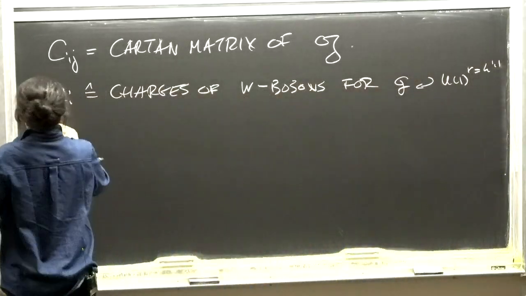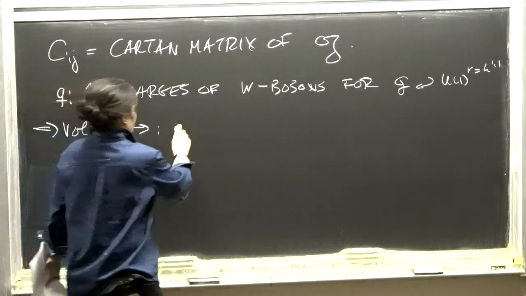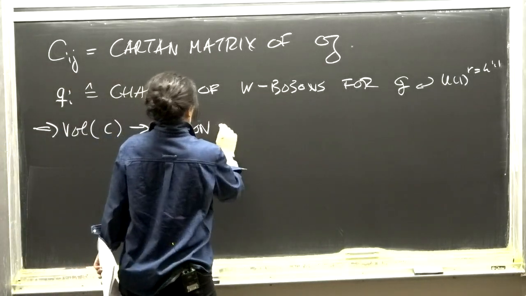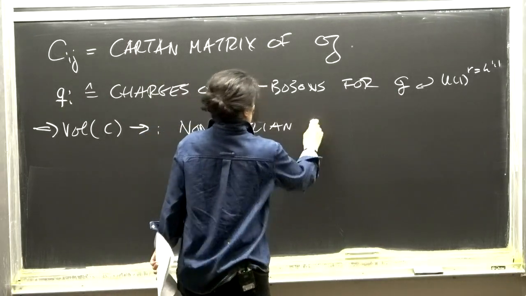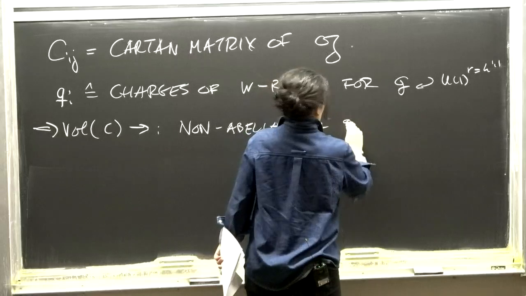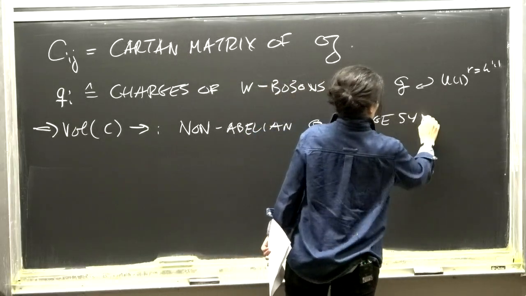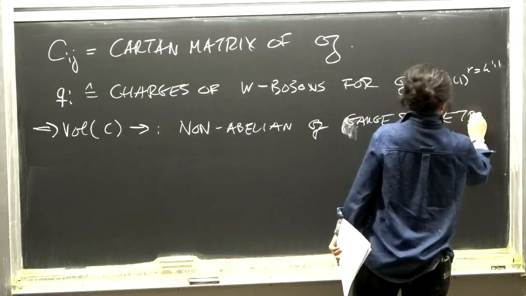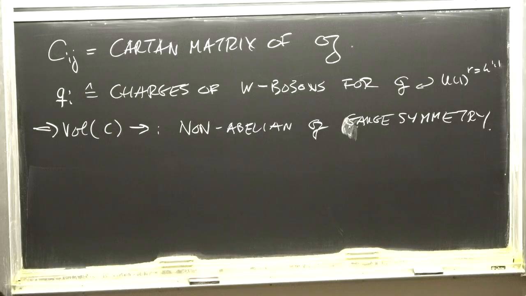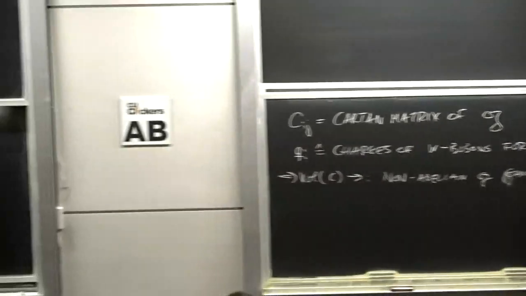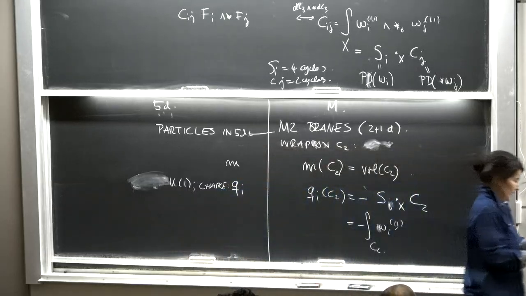Then as I take the volume of these curves to 0, I will get a non-abelian gauge symmetry enhancement. So sending volumes of such curves to 0 will actually give us 5-dimensional non-abelian gauge theories. That's the first observation.